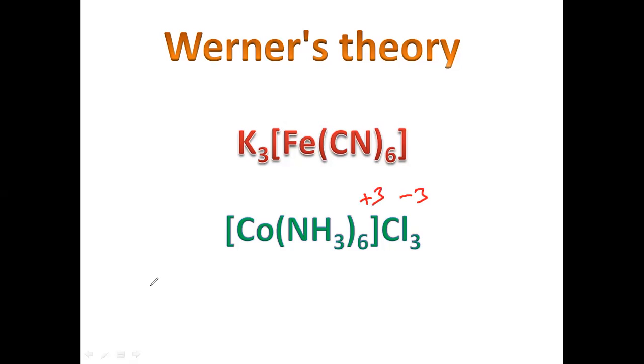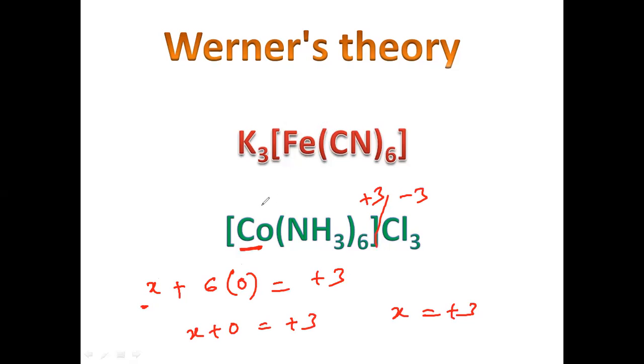You can calculate this way: x plus, I don't know the oxidation state of cobalt, so I write x, and 6 ammonia ligands are there. The charge of ammonia is 0, and the total charge of this complex is +3, so x plus 0 is equal to +3, then x is equal to +3. In this way we can calculate the oxidation state.